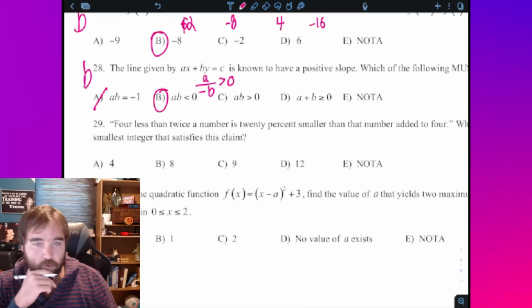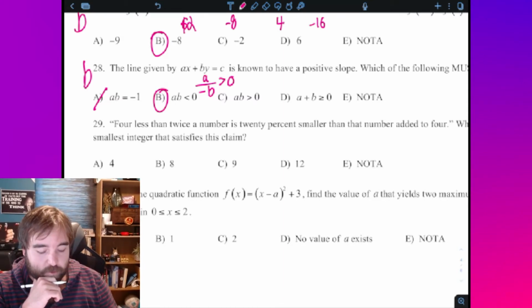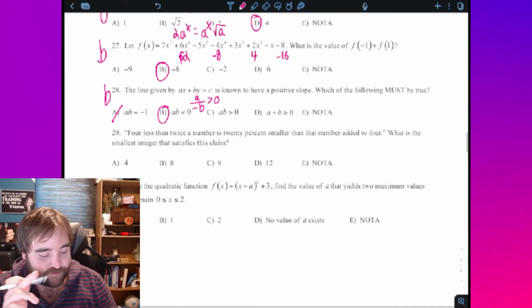Alright. 4 less than twice the number is 20% smaller than that number added to 4.